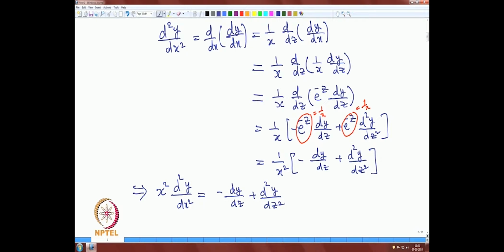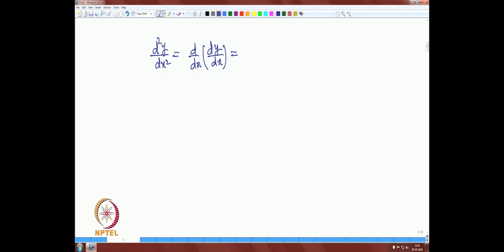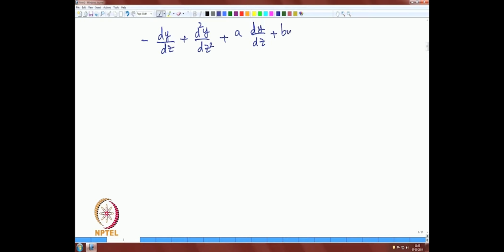Now, putting this into the Euler-Cauchy equation, the Euler-Cauchy equation becomes minus dy by dz plus d square y by dz square plus a times dy by dz plus b y is equal to 0.